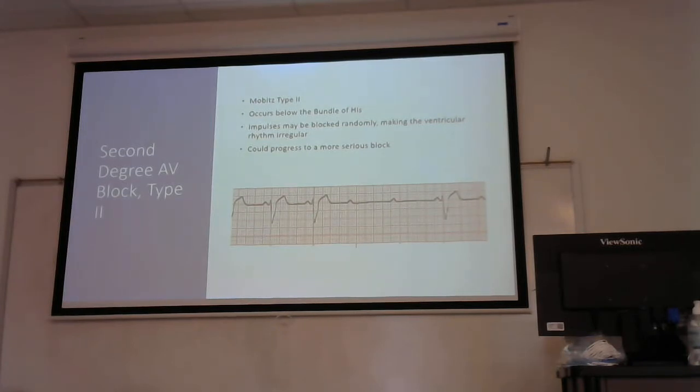When you're doing the 5-step method on second degree type 2, your rate is going to vary. Okay. Your rhythm could be regular or it could be irregular.